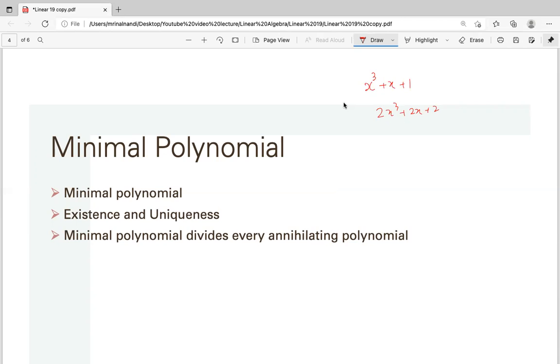So three conditions. First of all, f must annihilate that, and then if any g annihilates A, then f divides g. So f is a factor of g, and f is monic.